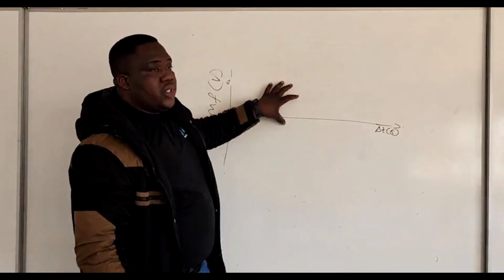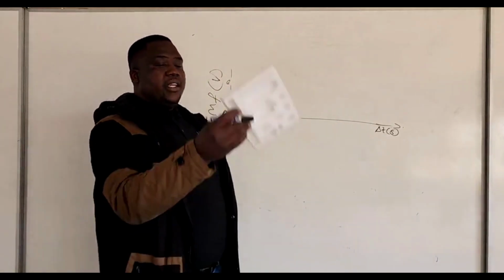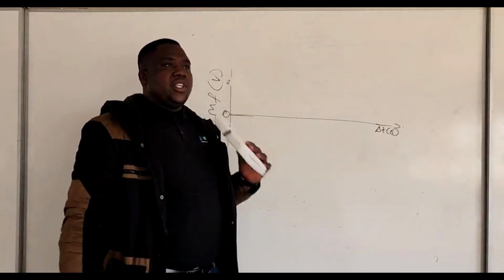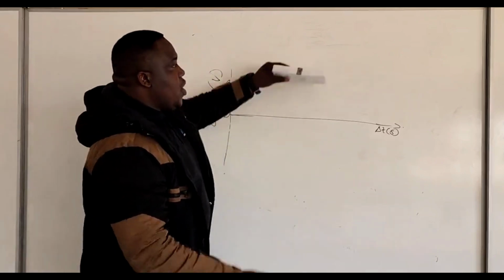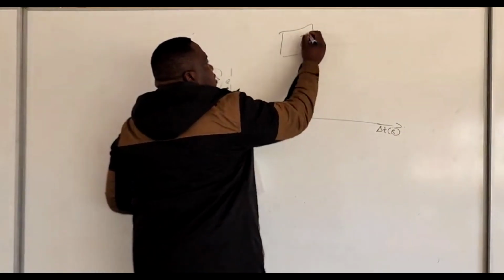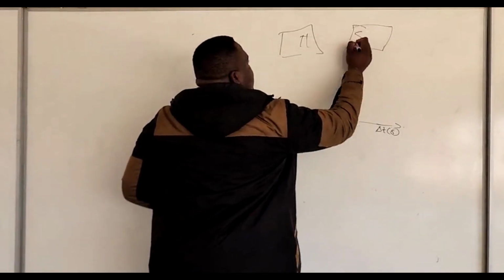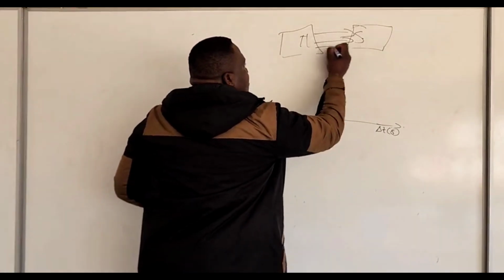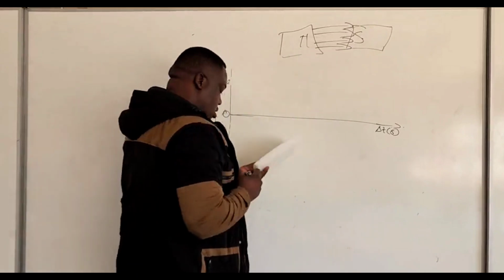Where we will start to draw this graph is determined by the position of the coil. If we're going to start from this position, let me draw the magnets, north and south, with magnetic field lines from north to south.